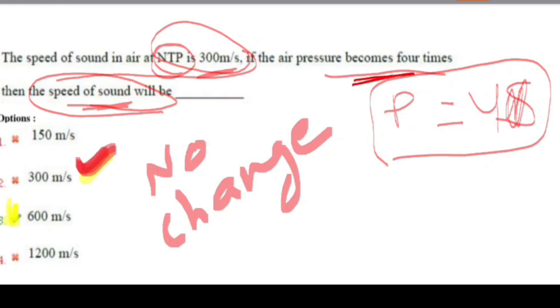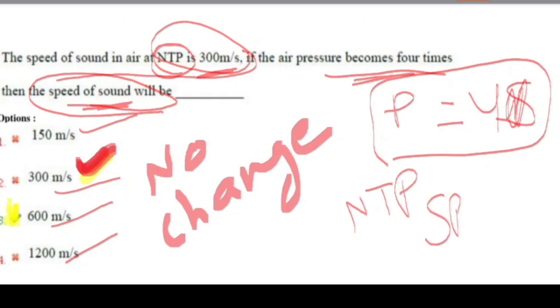If the pressure becomes 4 times, then what about the speed of sound? Options: 150 meter per second, 300 meter per second, 600 meter per second, 1200 meter per second. At NTP or any condition, the speed of sound in air does not change and it is 300 meter per second approximately. Option 2 is correct.